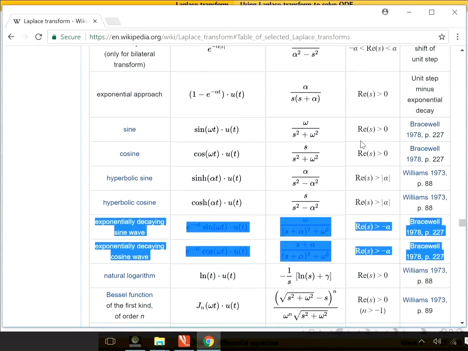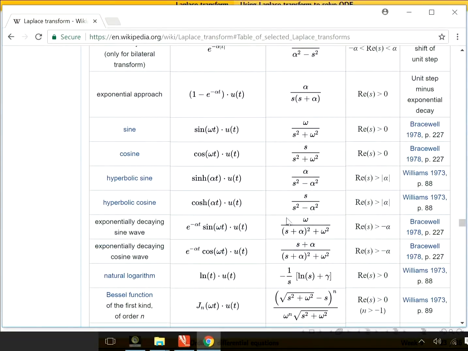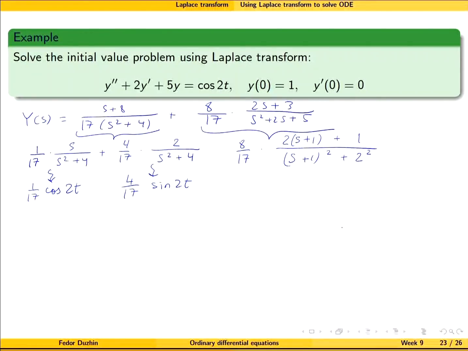But furthermore, if you look at this expression, the numerator is omega, where omega squared appears in the denominator. In my case, omega is 2, so what I should have is not 1, but 2. But of course, if it is 2, then I should write 1/2.